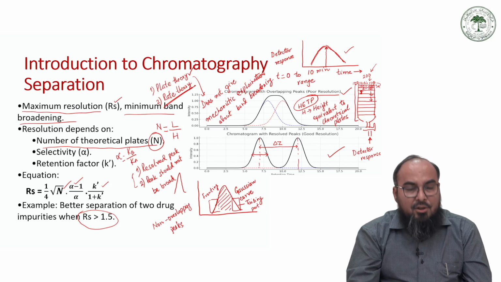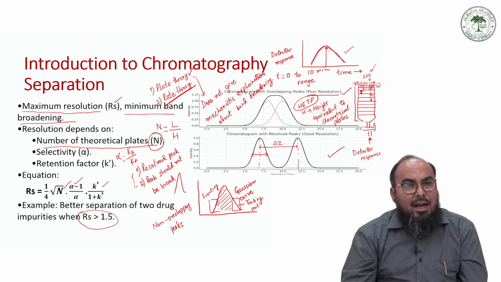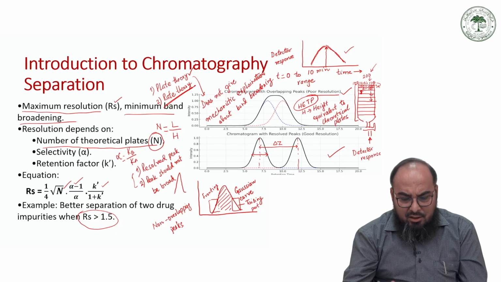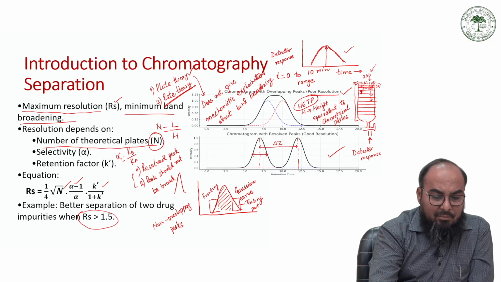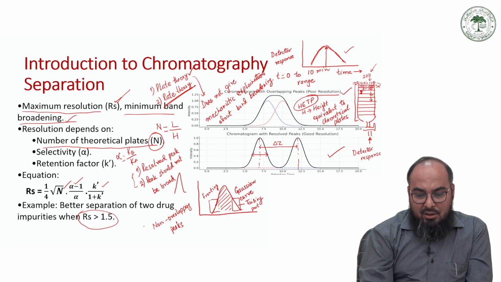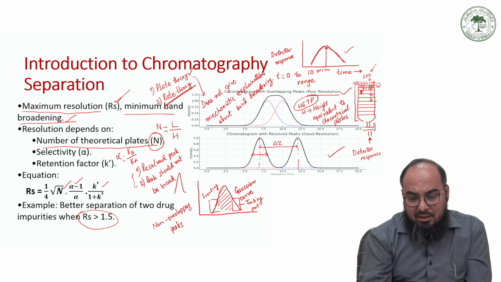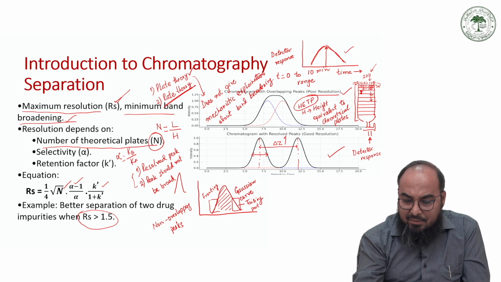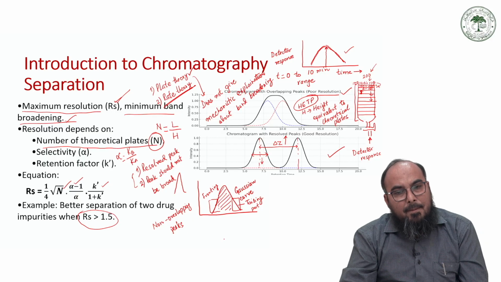So you have to keep two things in mind: for attaining the best efficiency, you have to have the maximum resolution and the minimum band broadening. That is, this distance must be kept as high as possible and this distance must be kept as low as possible.